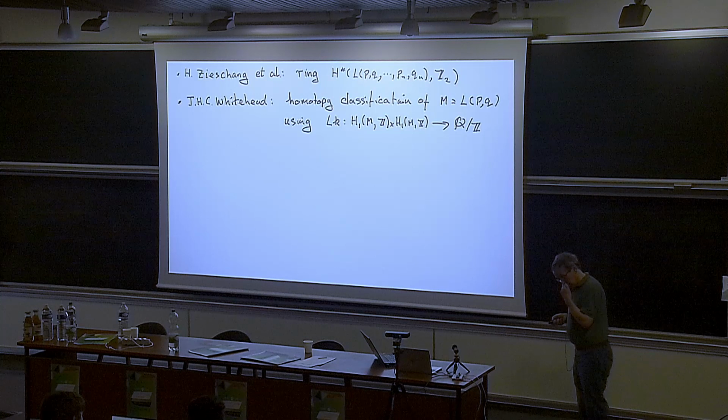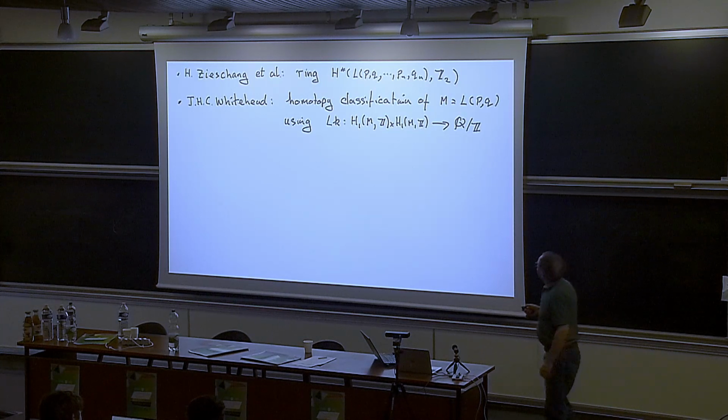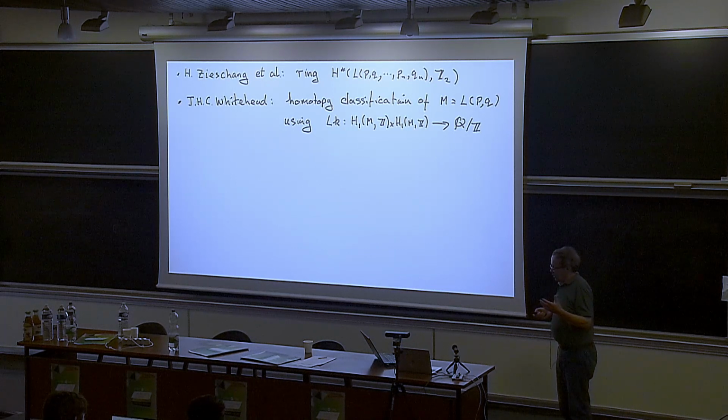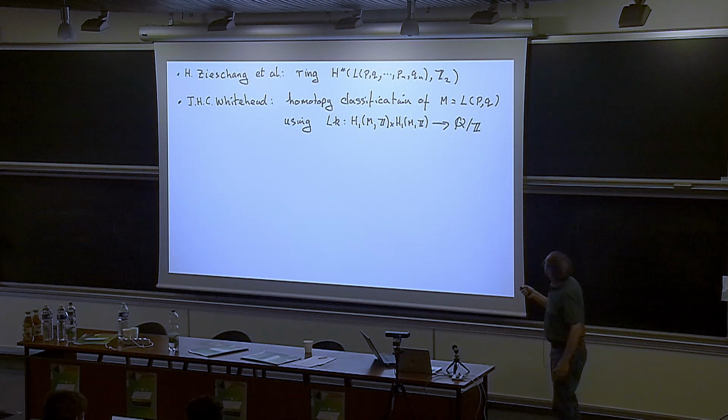And going back to history, lens spaces were interesting in that, well, at least it is possible to classify up to homotopy lens spaces, and that's something that Henry Whitehead did, and he used something which I will describe, the linking form, to do it.